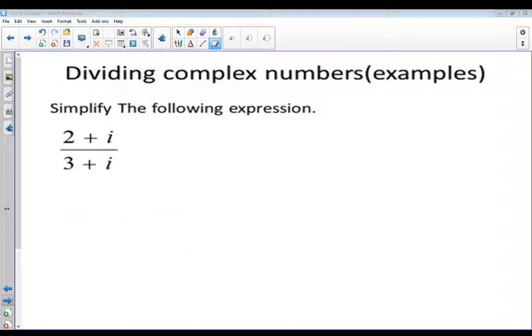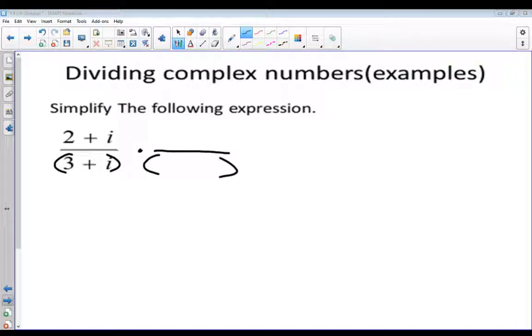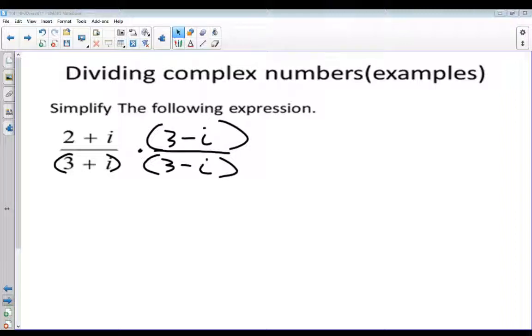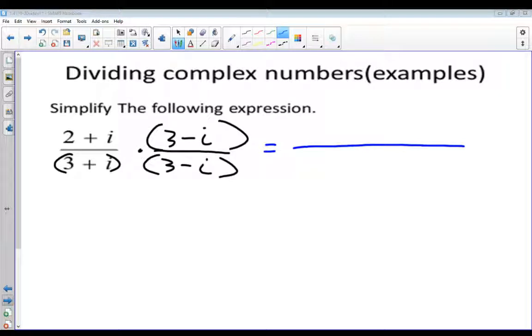And the way to get rid of it is I'm going to take 3 plus i, and multiply by its conjugate. Or I'm going to change that plus to a minus. However, if I multiply by a conjugate on the bottom, I'm going to have to do the same thing on top, just to be fair.